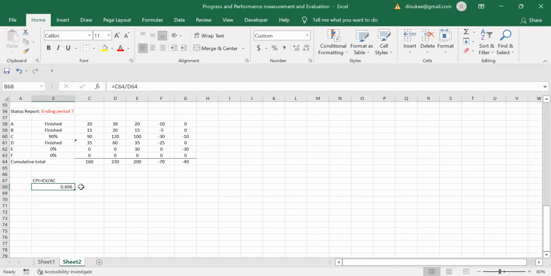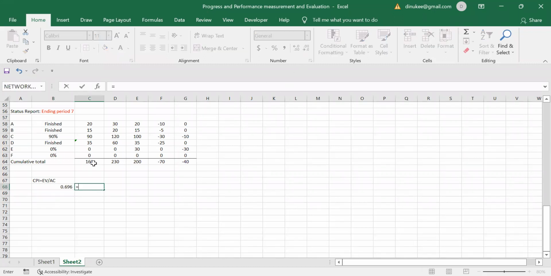If I take it to 2 decimal places, it is 0.70. So first you have to round it to 3 decimals and then get it to 2 decimals, right?